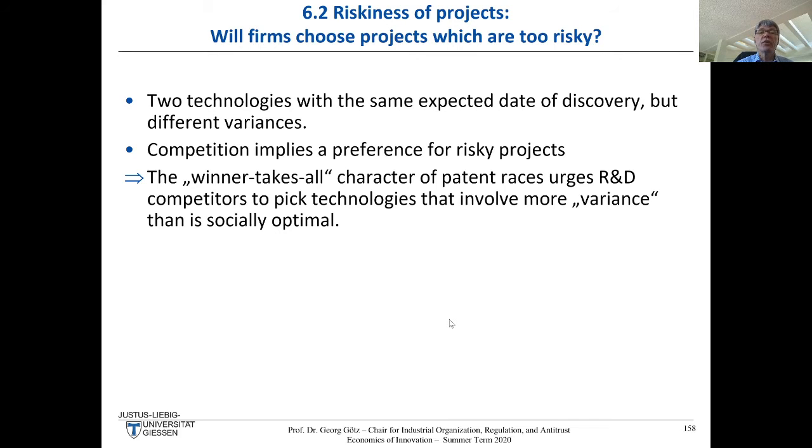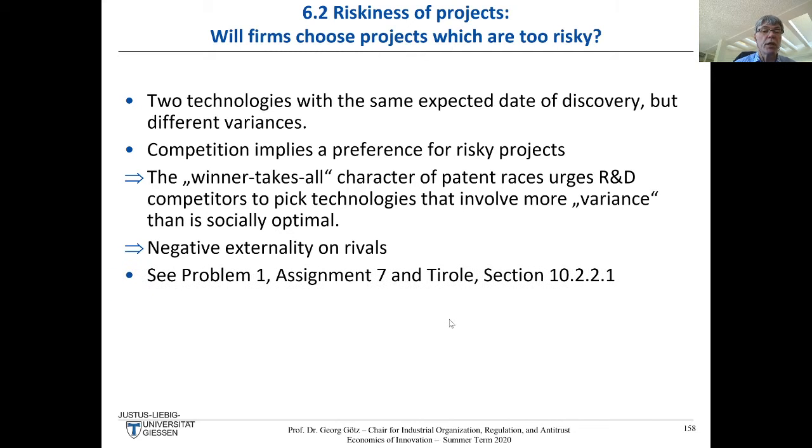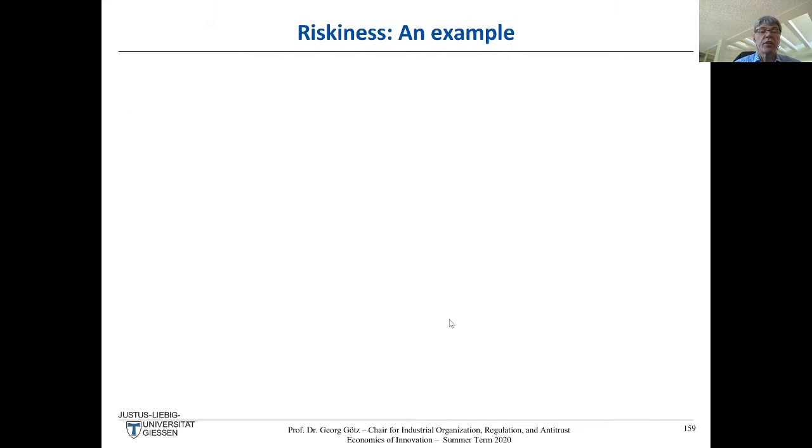Socially optimal here in the sense of joint profit maximization, because you have a negative externality you do not take into account once you choose a rather risky project, because that reduces the probability that your rival will be the winner. We will also have a problem in the assignment set here, and as I told you, it goes back to an example in Tirole's book.